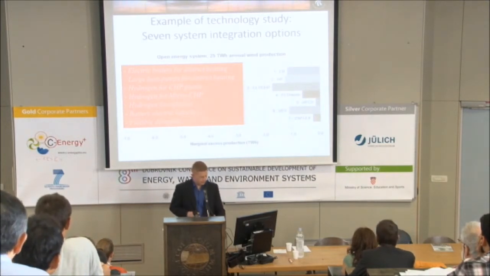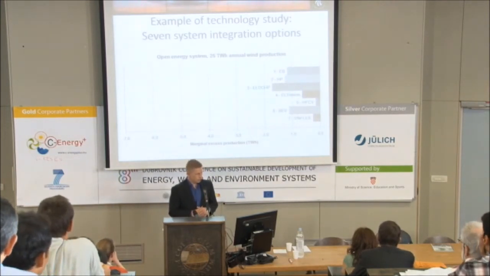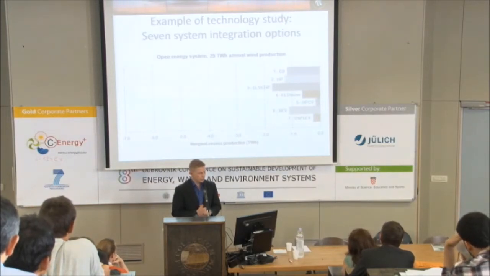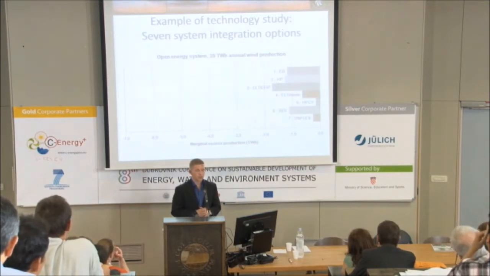Looking at the graph again here, we can see the marginal excess electricity production when we introduce 25% of wind in this system. And we can see how much we can then save with these different options.